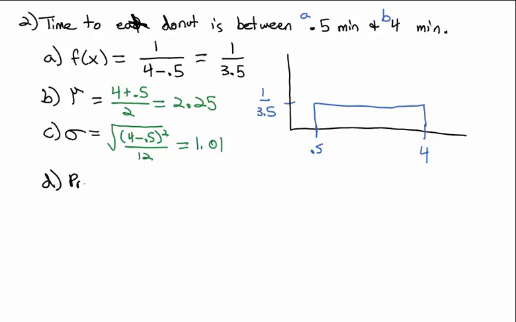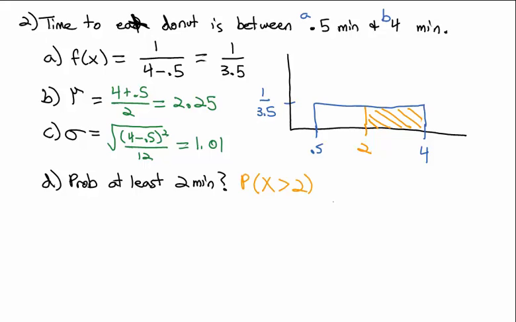So what is the probability of at least 2 minutes? At least 2 minutes. What are we asking for there? We're asking the probability that our x is bigger than 2. So from 2, we want the area above that.